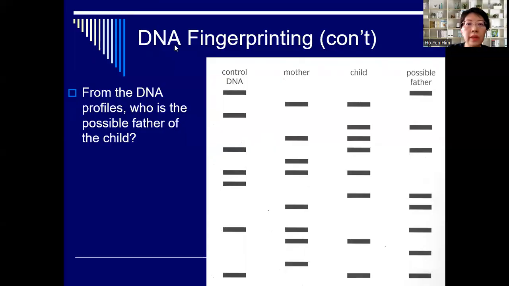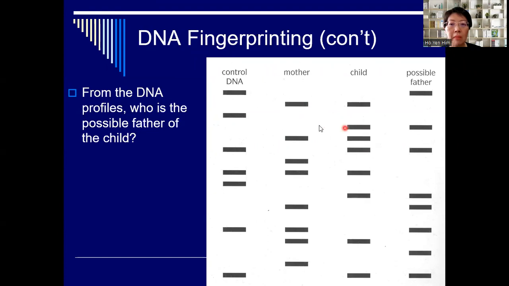DNA fingerprinting can also be used to find out the possible father of a child. This is the mother, this is the child, and this is the father. Because the child's DNA comes from either the mother or the father, the banding pattern, meaning the genetic fingerprint of the child, must match either the mother or the father. This one matches the mother's.